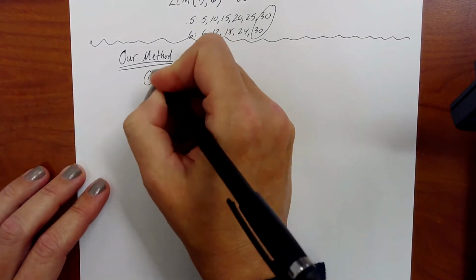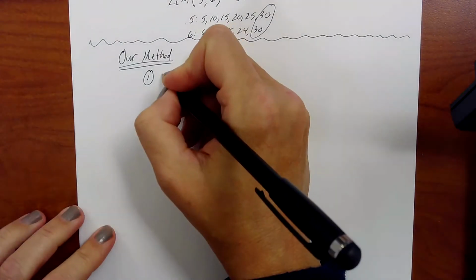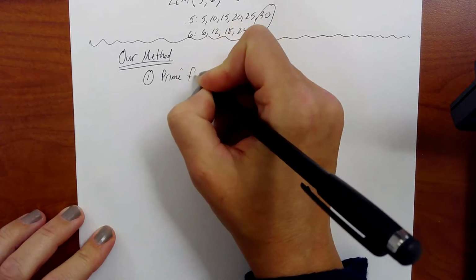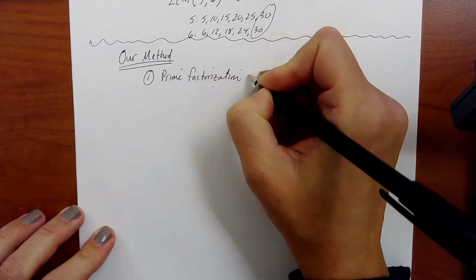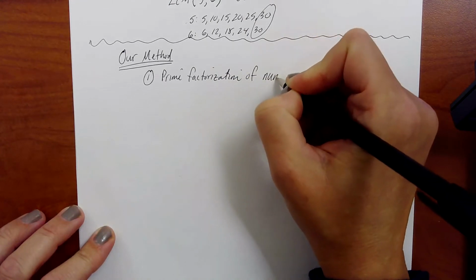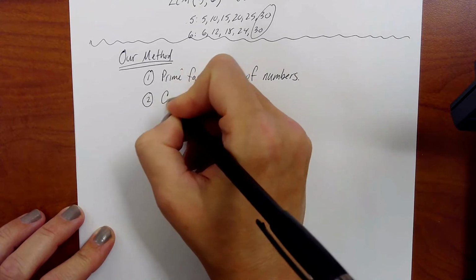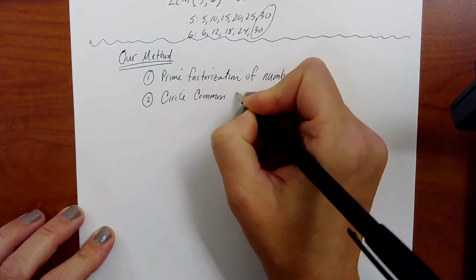So step 1 is exactly the same as GCF. We're going to find the prime factorization of the numbers, list them out. You're still going to circle the common factors.